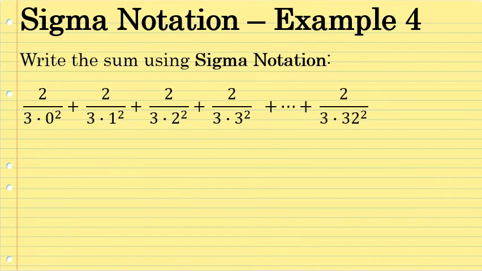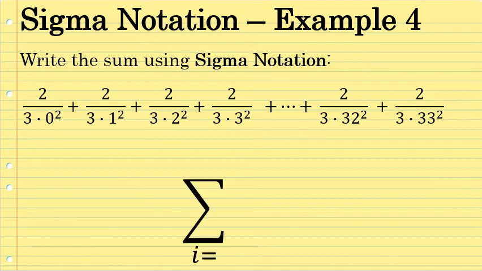The sum ends with 2 over 3 times 32 squared plus 2 over 3 times 33 squared. Writing out this sum in its entirety would take a while. There would be a total of 34 terms in this sum. We can write this in a quick, concise way using sigma notation.